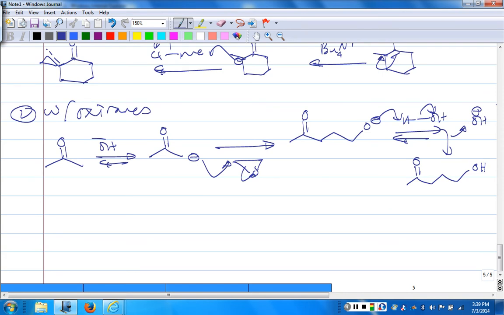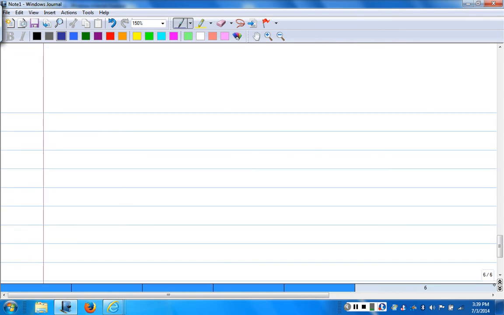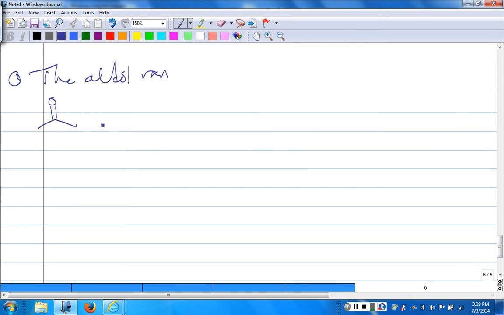The third reaction is a bit more involved, and this is the aldol reaction. So if you think it through, let's start off with ethanal. If I treat ethanal with hydroxide, this is not surprising, I'm going to generate the corresponding enolate.